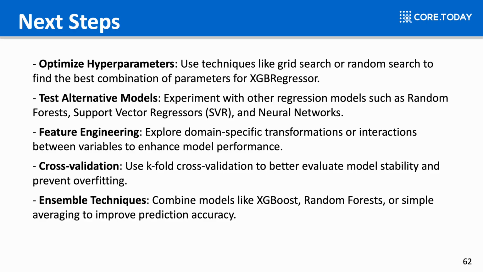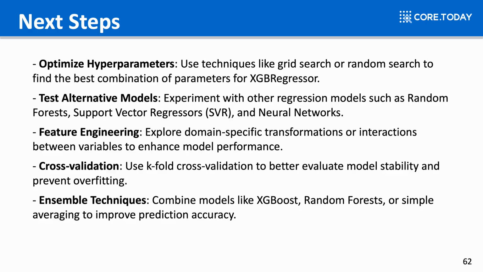For our next steps, we'll refine and extend what we've learned. First, optimizing hyperparameters, especially for complex models like XGB regressor, can significantly boost performance. Additionally, testing alternatives like random forests or support vector regressors is crucial, as different models may better capture specific patterns in your data.